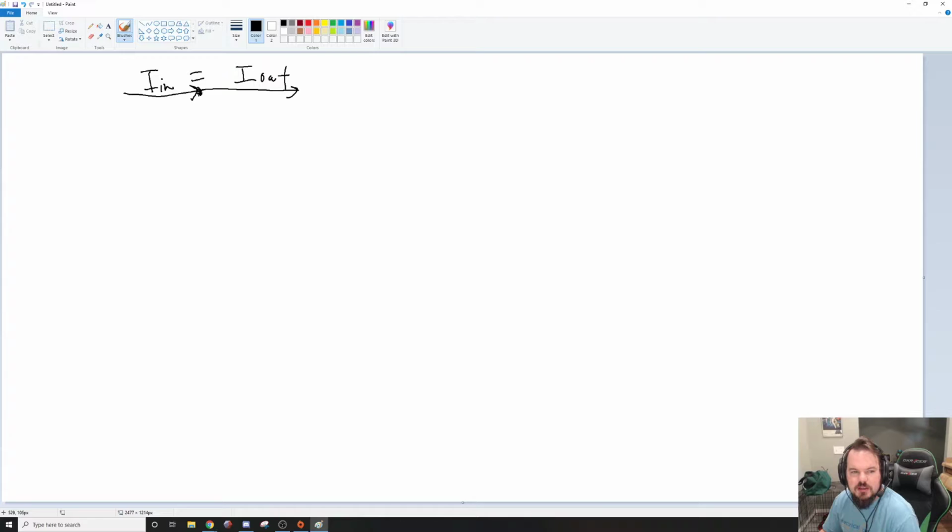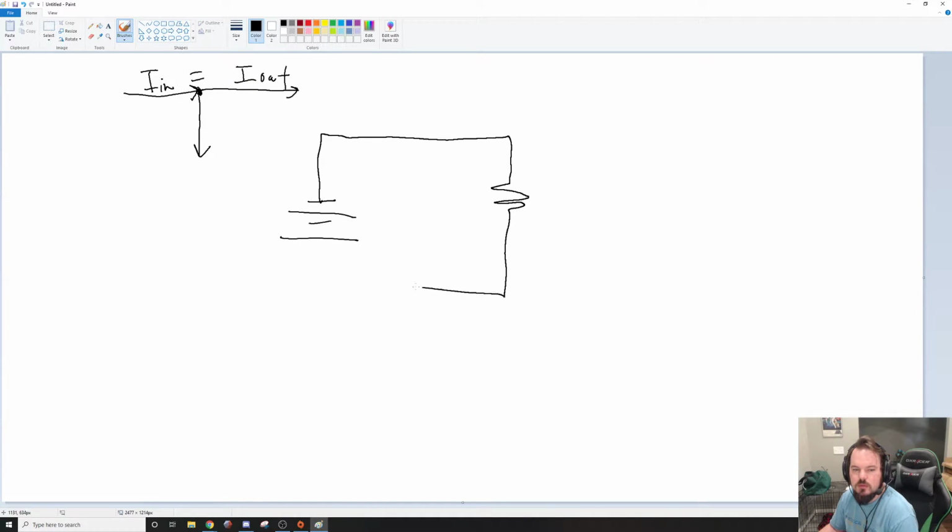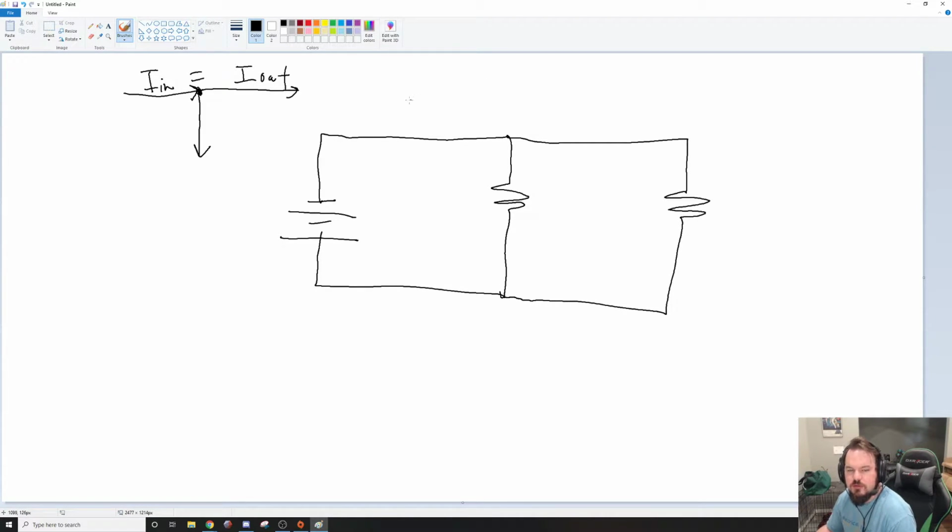So if there's a break in that circuit, if you have a full on parallel circuit and you have 5 amps going here, then you work it out.